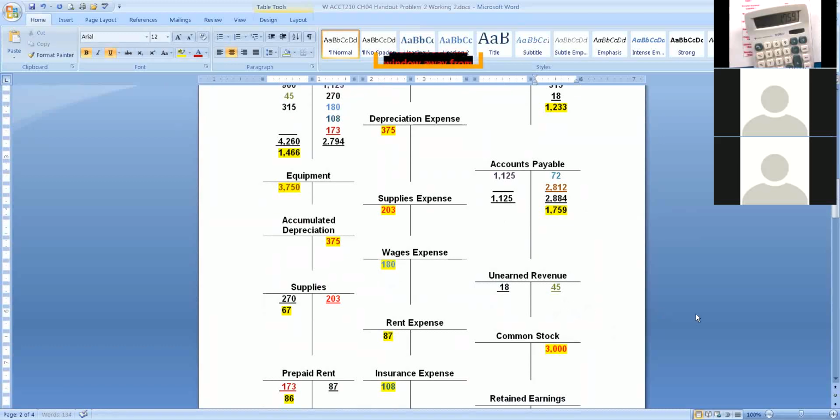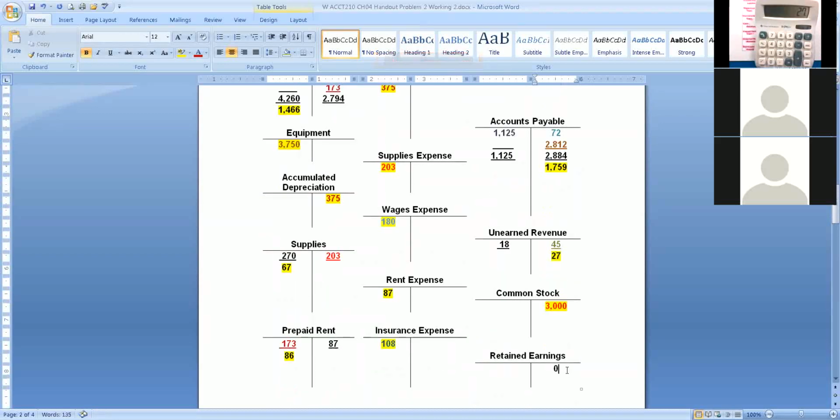Unearned revenue: $45 minus 18 is 27, isn't it? Let me check this to make sure. Yep, okay.